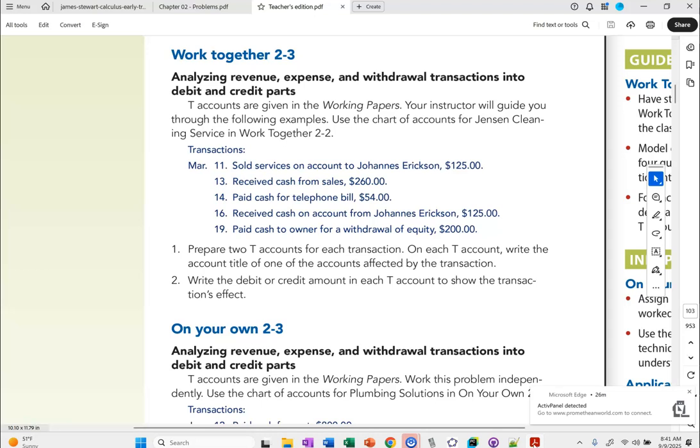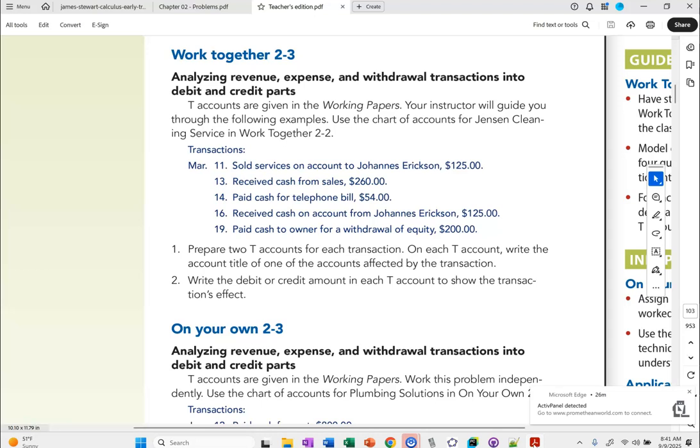March 16th, received cash on account from Johannes Eriksson, $125. The two accounts affected are cash and accounts receivable. For the cash, it's an asset, so if we're getting cash, that makes it a debit. So 125 goes on the debit side. Accounts receivable is an asset also.